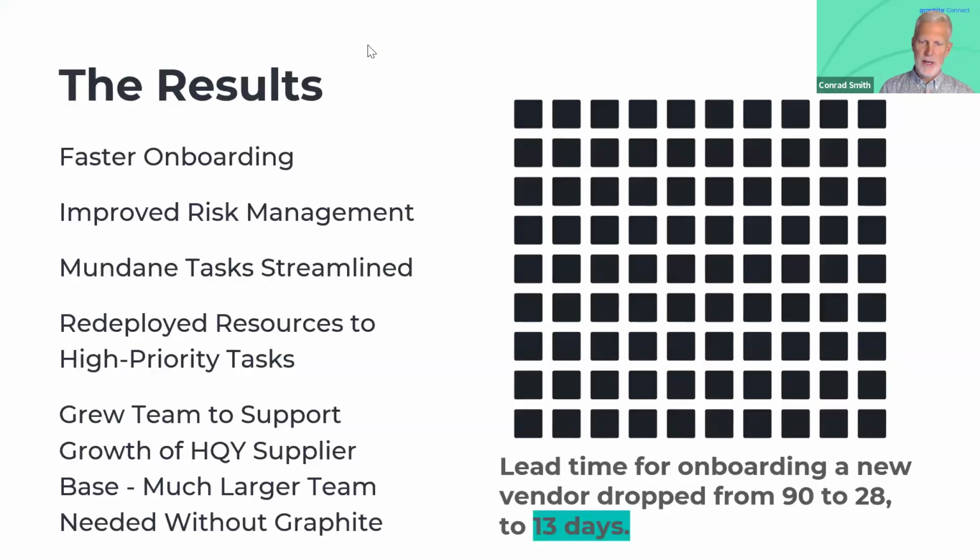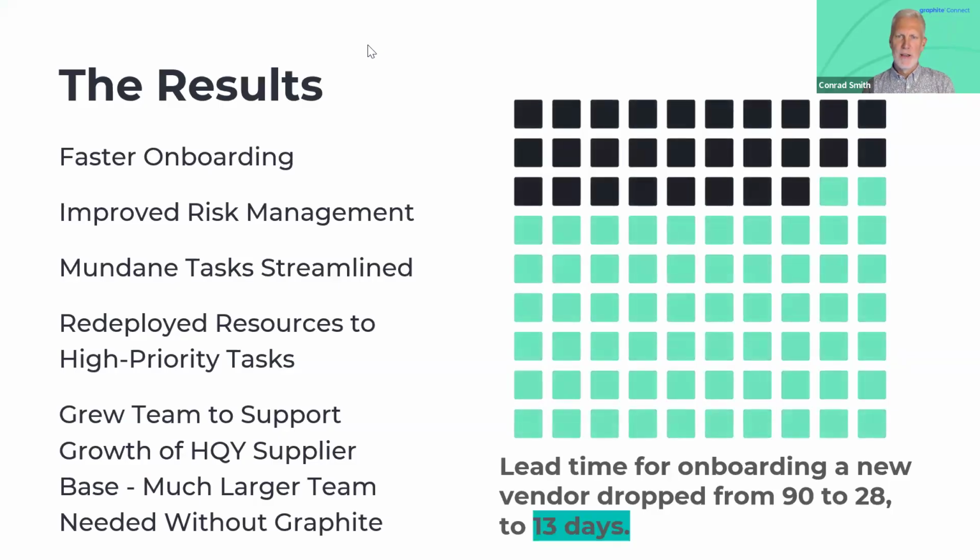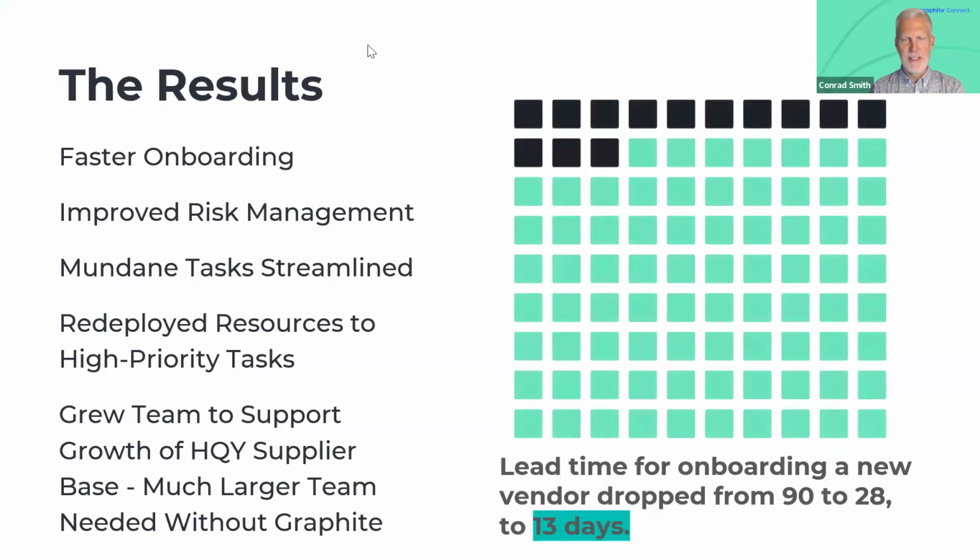Of course, they wanted speed. You talked about speed. It's really cool to see that just after implementing Graphite, you went down to 28 days. And that progress just continues as you refine the configuration and the modules that you're using to get this thing down to 13 days. This is stunning. This is such a cool story.